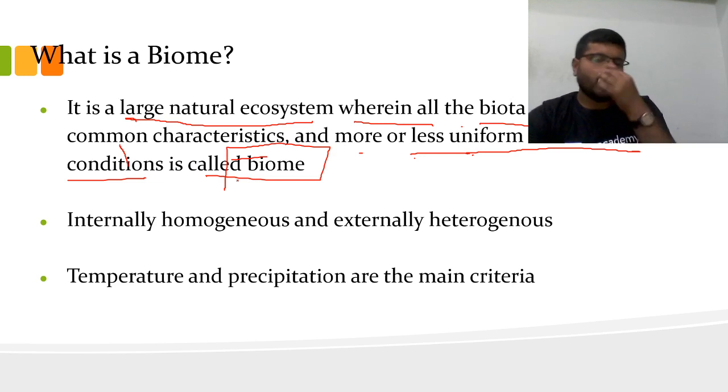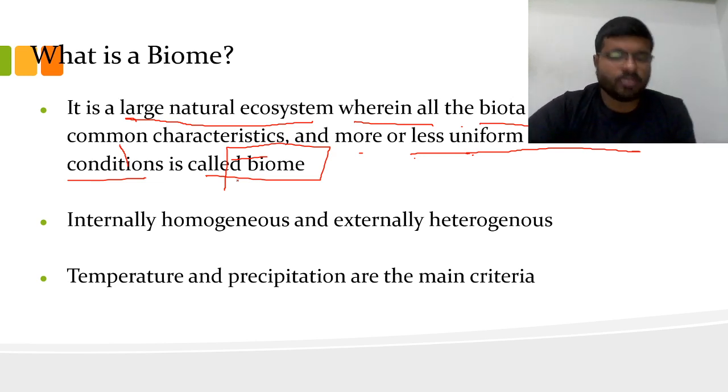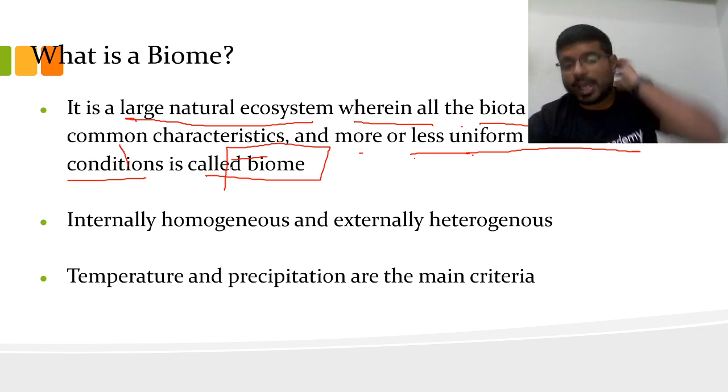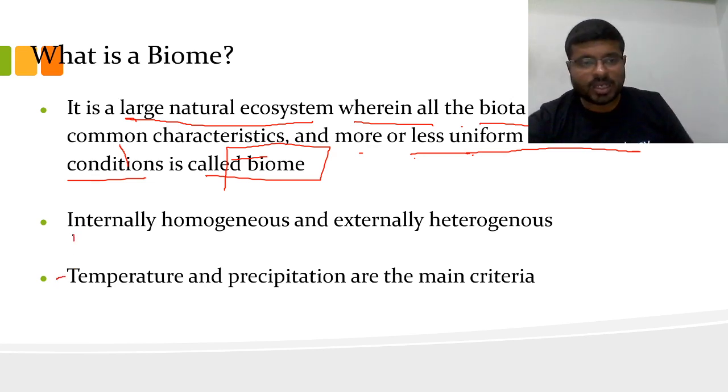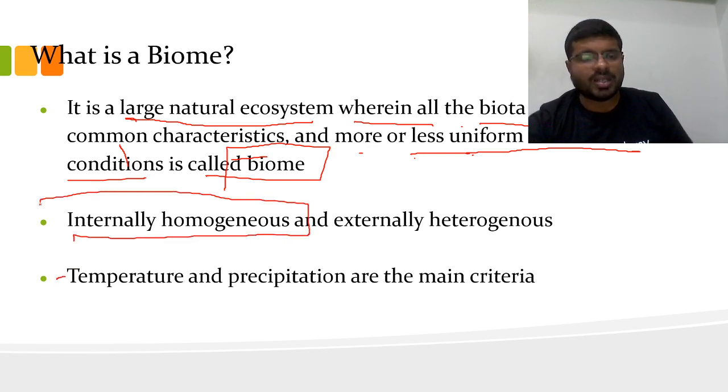So what is a biome? It's a large natural ecosystem wherein all the plants and animals have a set of common characteristics, and because of these common characteristics, there are more or less uniform environmental conditions in a region, and that region is called a biome. This biome will be internally homogeneous to these criteria and externally heterogeneous.